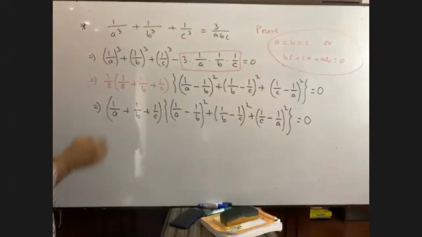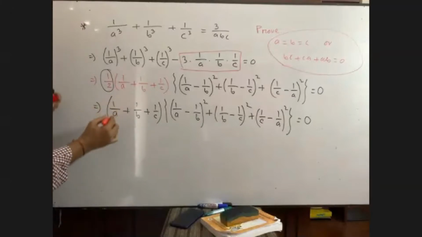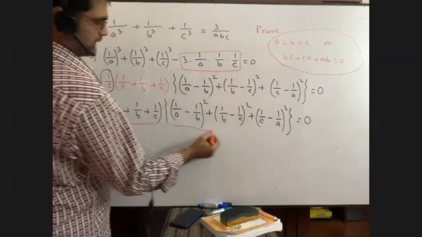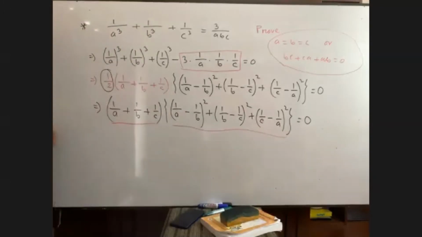What is the difference? This half is not here. Nothing else I did. Now you are getting again an expression having two factors in the left hand side. Am I right?